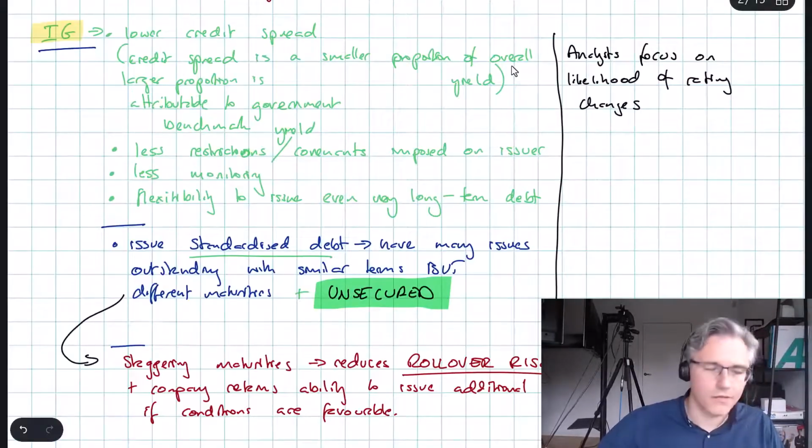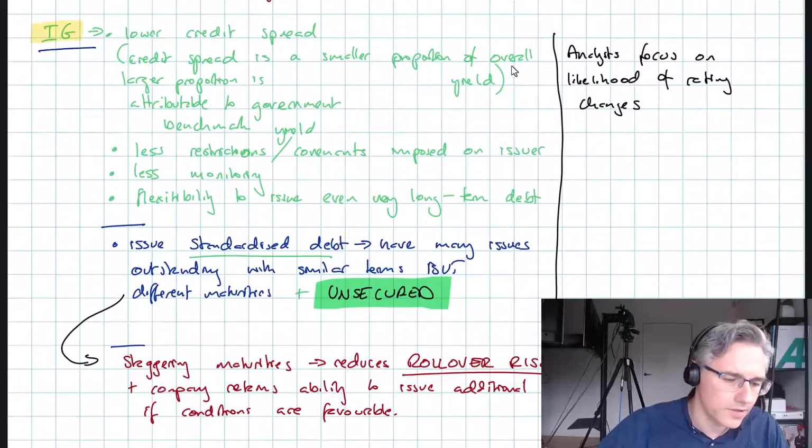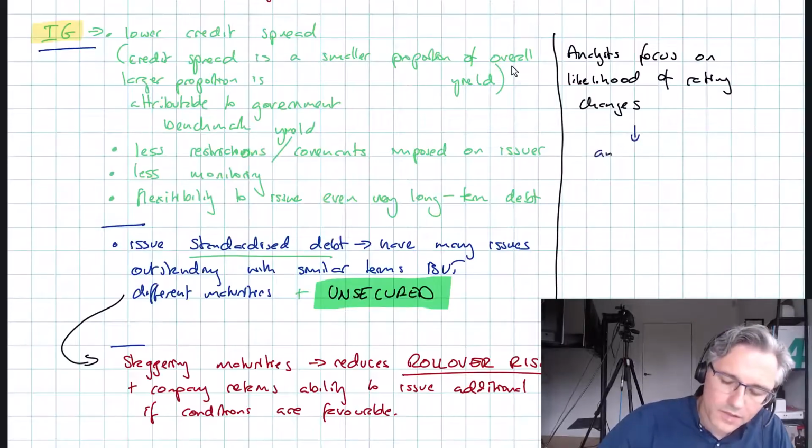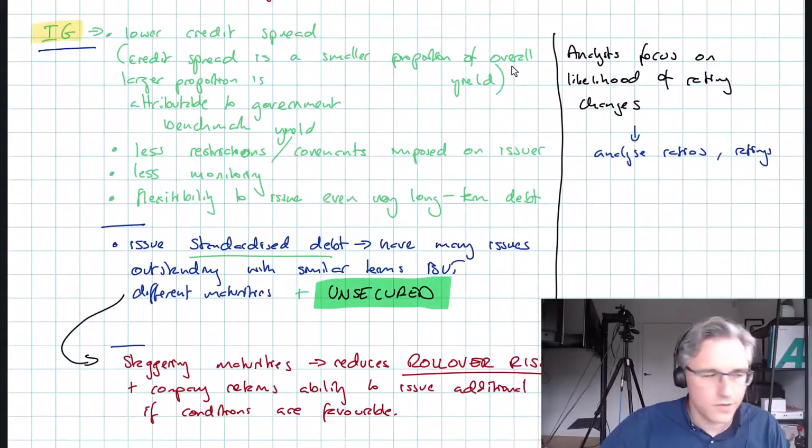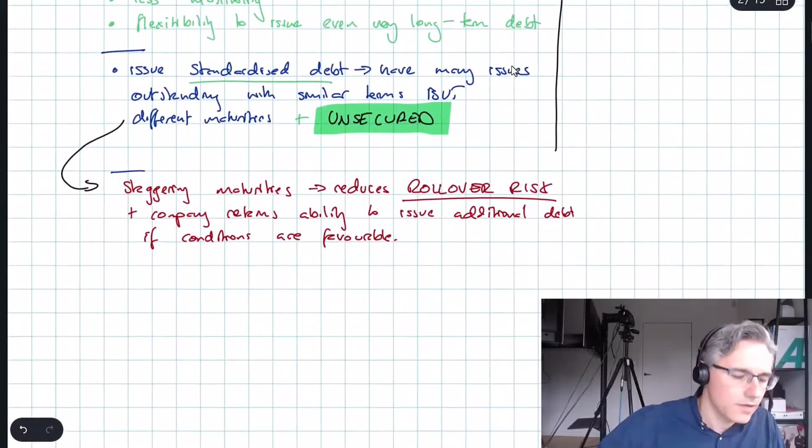They don't really think about the probability of anybody defaulting as such. So what they do is they analyze financial statements, they look at ratios, they look at ratings and rating changes and what agencies write about the issuers in their reports, etc.